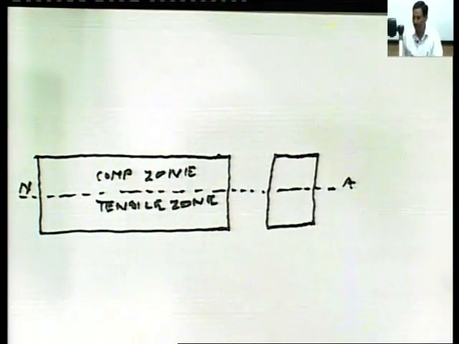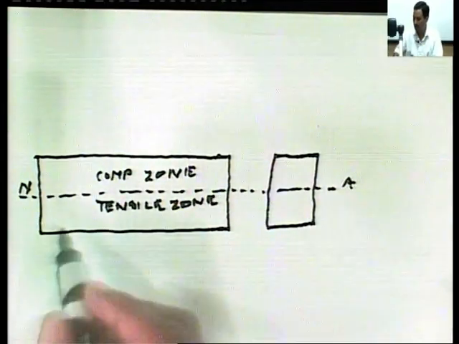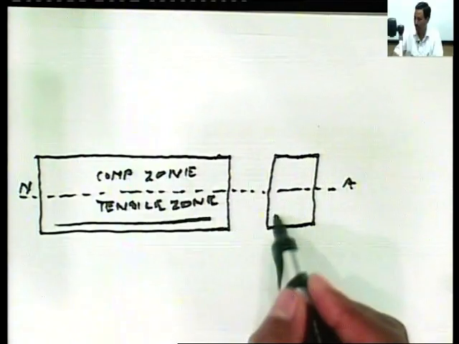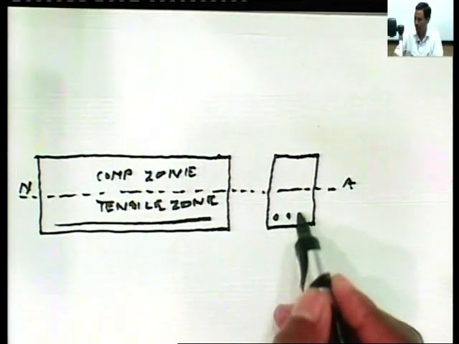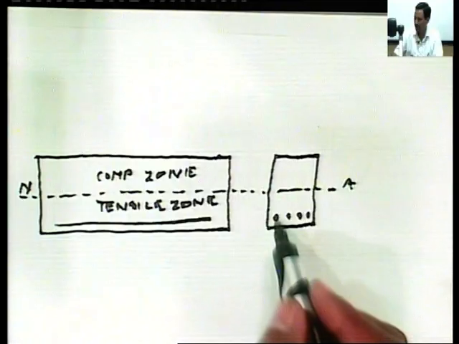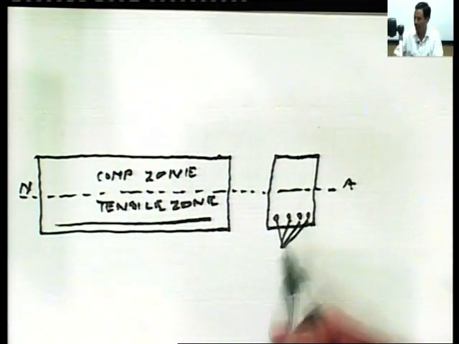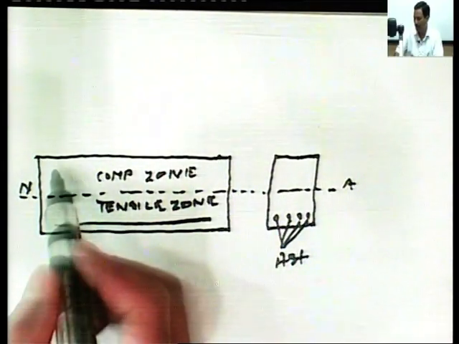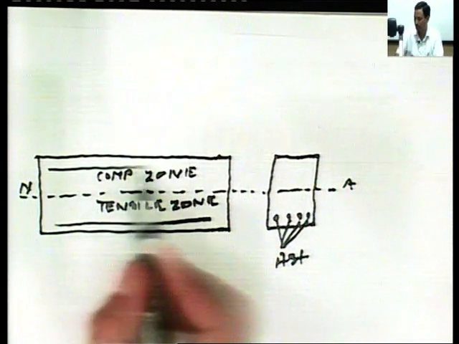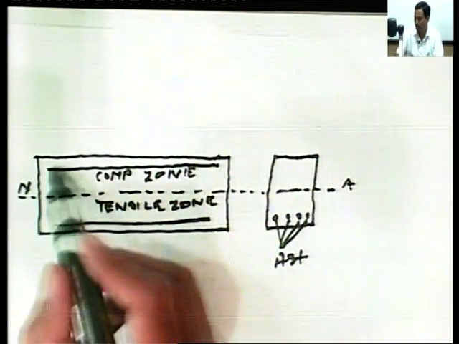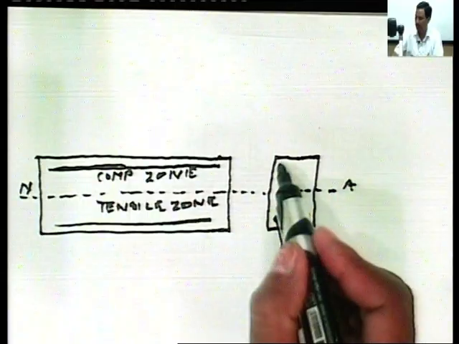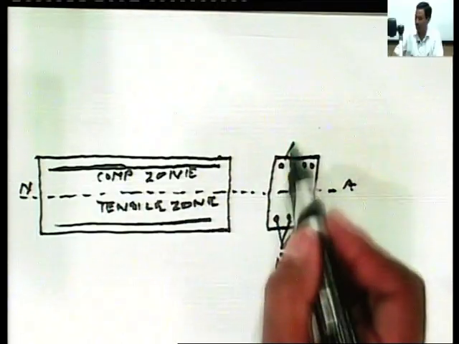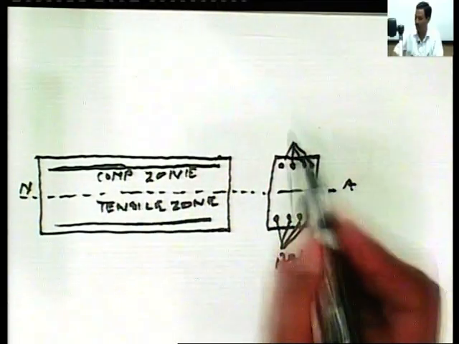The reinforcement provided in a tensile zone is called tensile reinforcement, and it is denoted by Ast. The reinforcement provided in the compression zone is called compression reinforcement, and it is denoted by Asc.